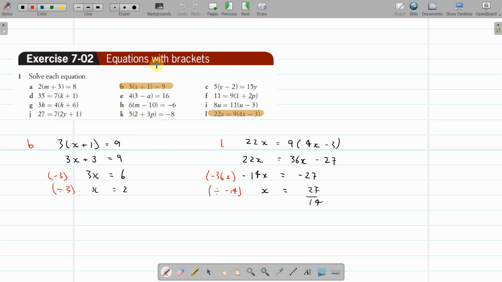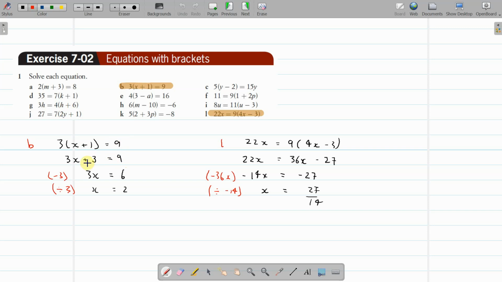702, all with brackets. So in this case, the first step is to remove the brackets by expanding. So 1b and 1l, fix up the brackets by expanding. So 3 times x is 3x, 3 times plus 1 is plus 3, that stays the same.